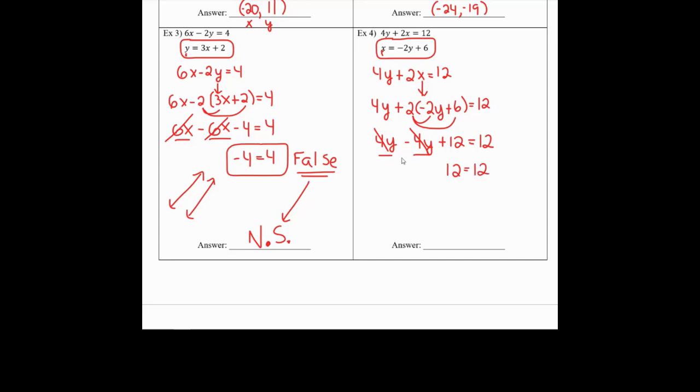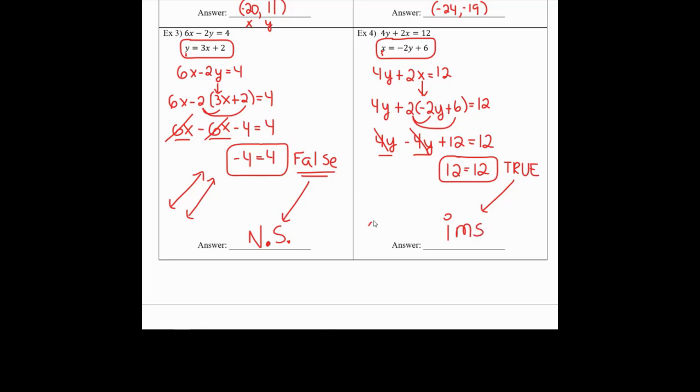So the letter got canceled. So that means it's going to be a special case. You need to ask, is this statement true or false? Is positive 12 equals positive 12? Well, that is true. Whenever you have a true statement, that means you're going to get infinitely many solutions.